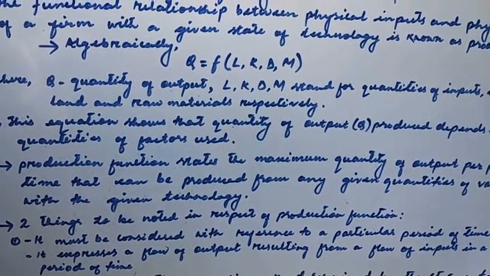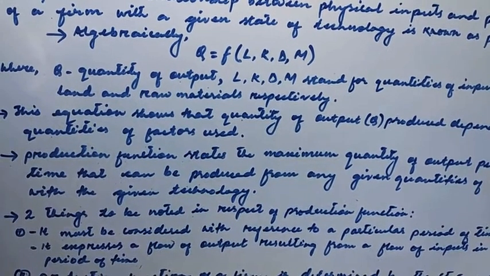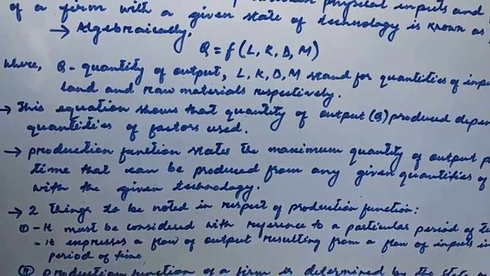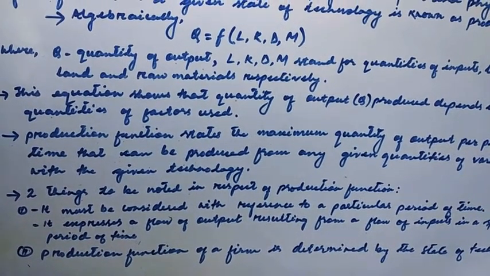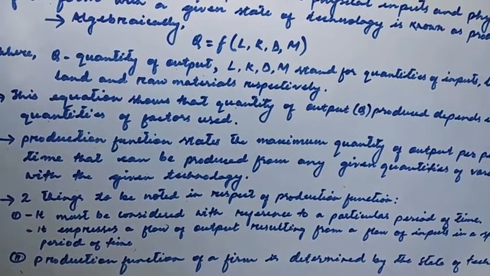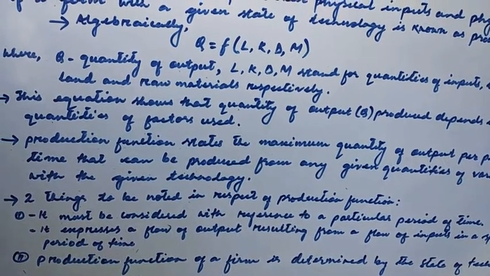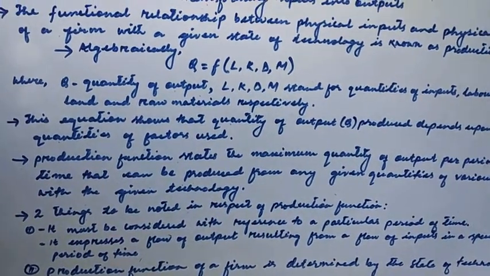No monetary cost is considered here. So the value of output and prices of factors are not considered in the concept of production function. It is only the technical relationship, and the value of output and also the price of factors are not considered in the concept of production function.